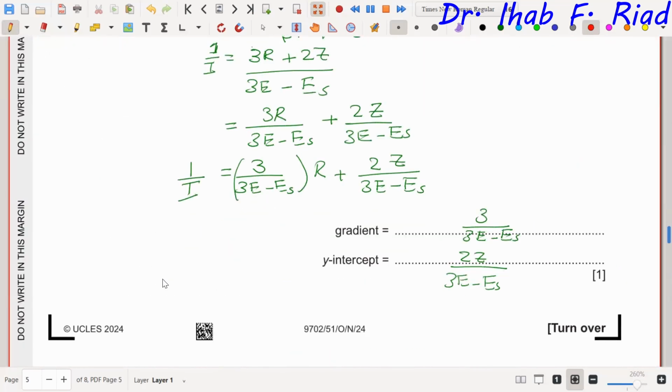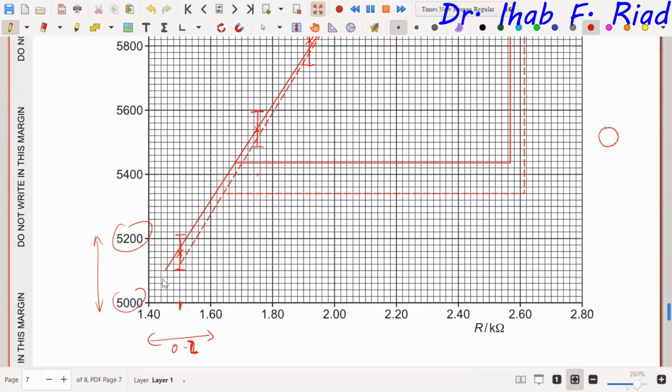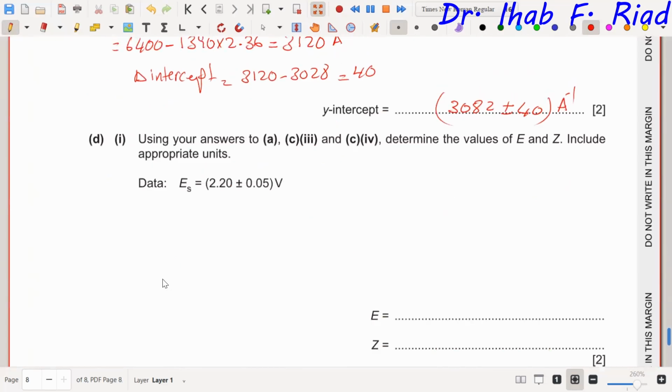Gradient is 3 divided by 3E minus ES, right? Yes. So we have the gradient is equal to 3 over 3E minus ES.